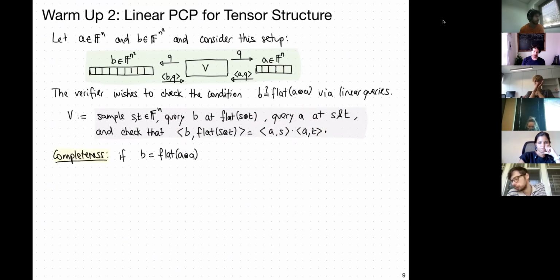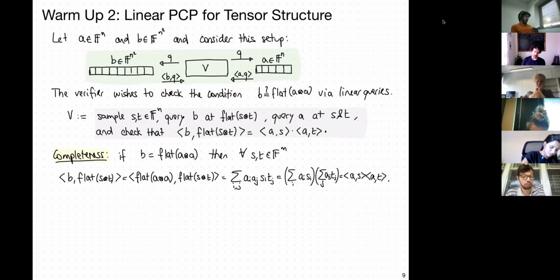So now let's see why this holds. Assume completeness, that B really is the tensor product of A with itself. So B really consists of all of the monomials of degree 2. What happens? I'm looking at B inner product with the flat of S and T. Definitionally, because B equals A tensor A, it's the flattening of A tensor A and the flat of S tensor T. Now I take this whole thing and write it explicitly as an equation: a summation of these terms times these terms.